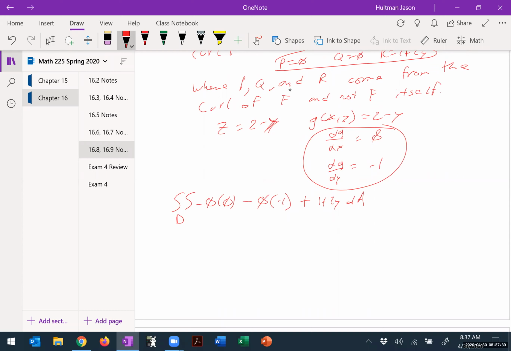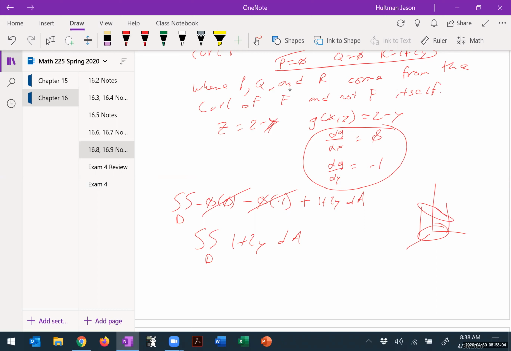Okay, so we have d. This goes away, that goes away, and we have 1 plus 2y dA. Now this is in rectangular coordinates. The problem is that the projection of this thing onto the xy plane is a circle.